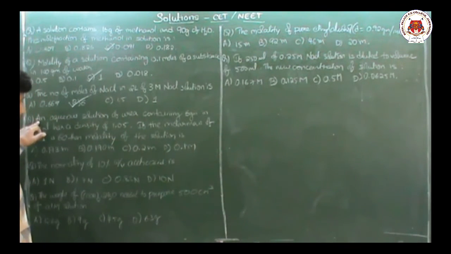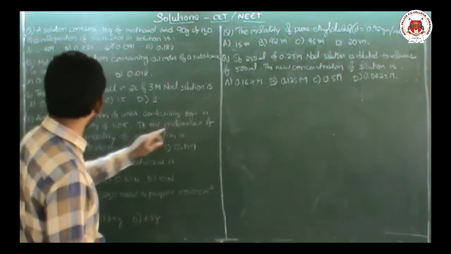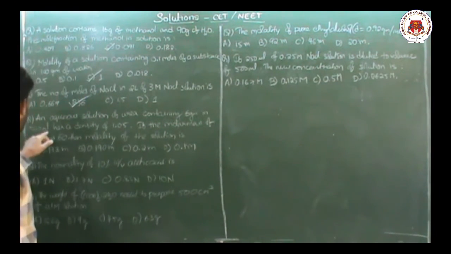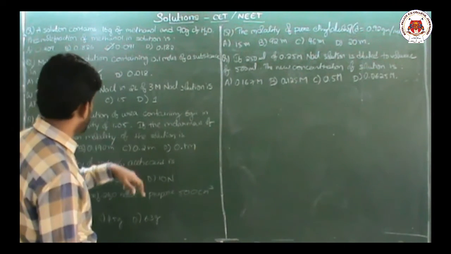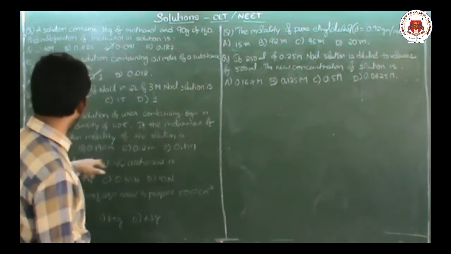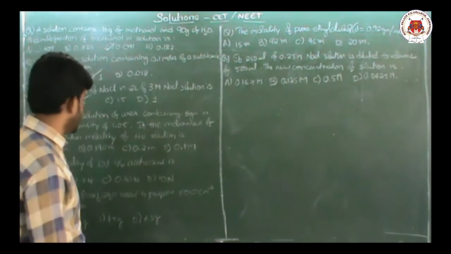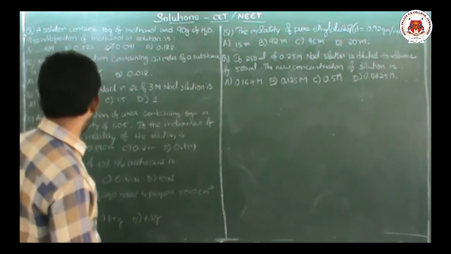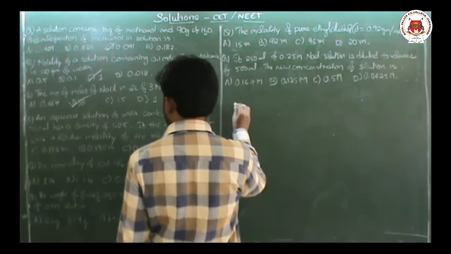Next question: an aqueous solution of urea containing 6 grams in 500 ml has a density of 1.05. If the molar mass of urea is 60, then the molarity of the solution is? They are giving the density of the solution.